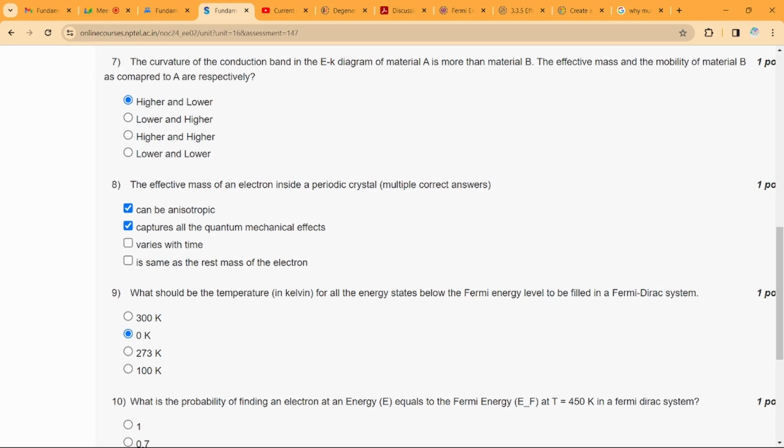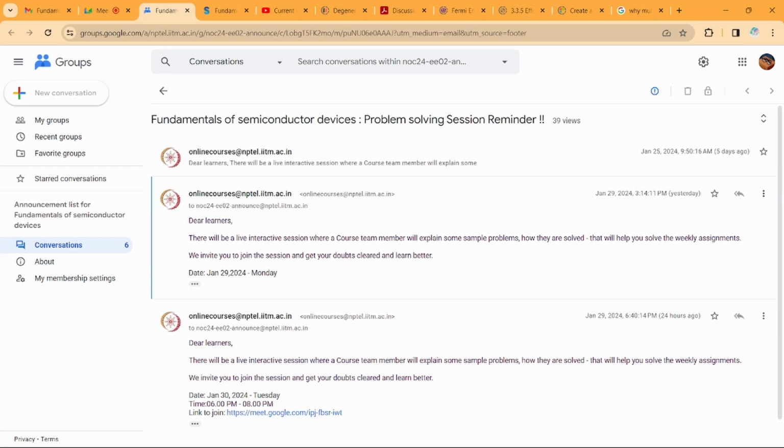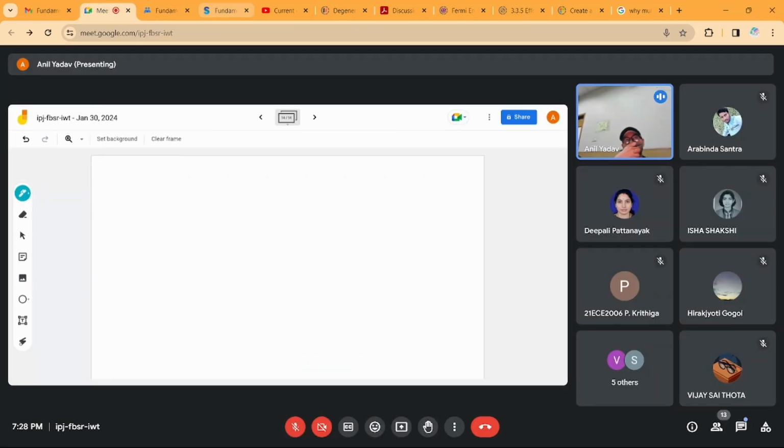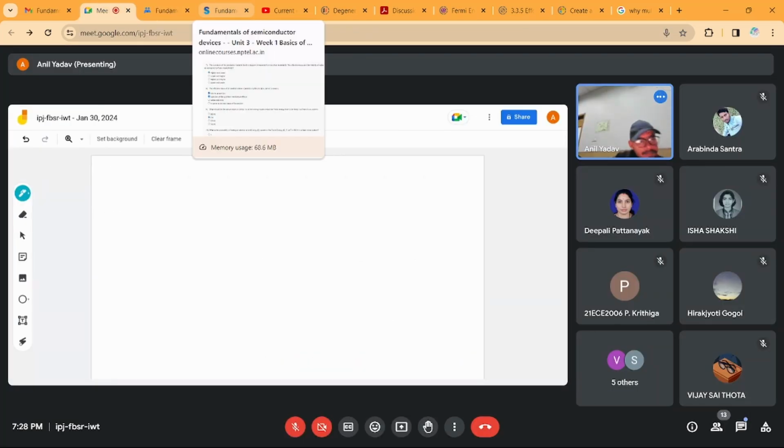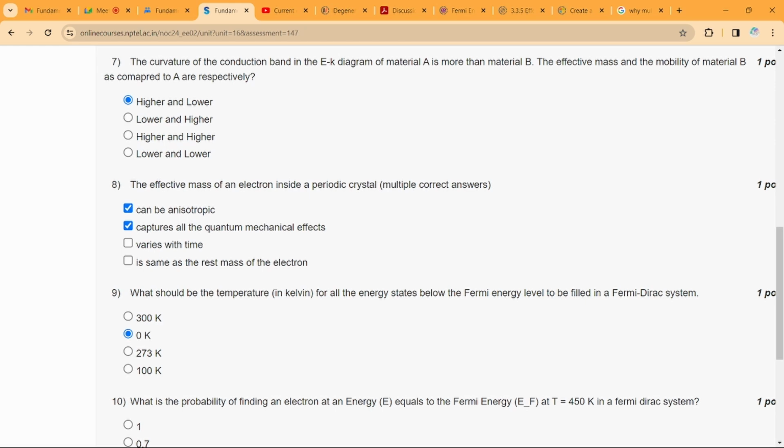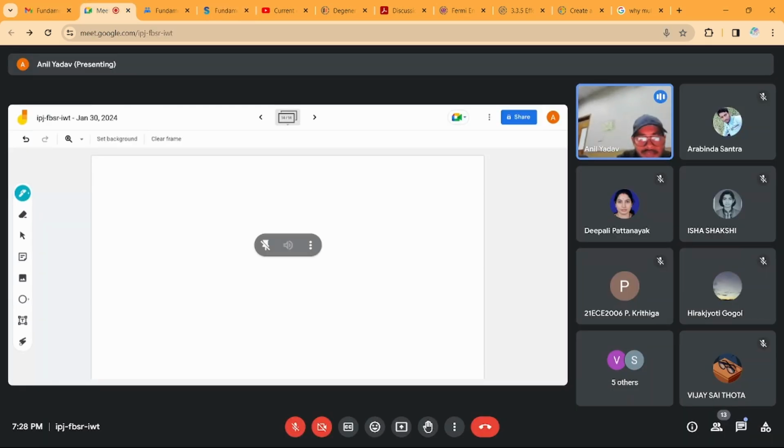I don't know much about crystallography, but you might have heard about the cubic lattice, hexagonal structures. In a cubic lattice, there are atoms at the edges of the cube.